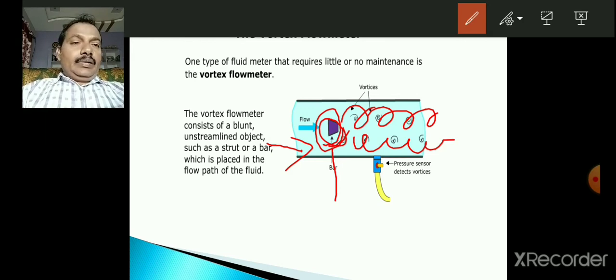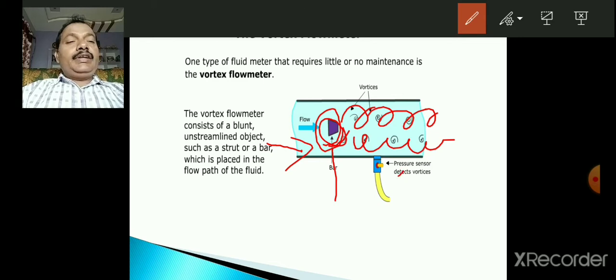The German scientist von Karman developed the mathematical equations for this phenomenon. So you can measure the vortices' amplitude and frequency with the help of a pressure sensor detector.